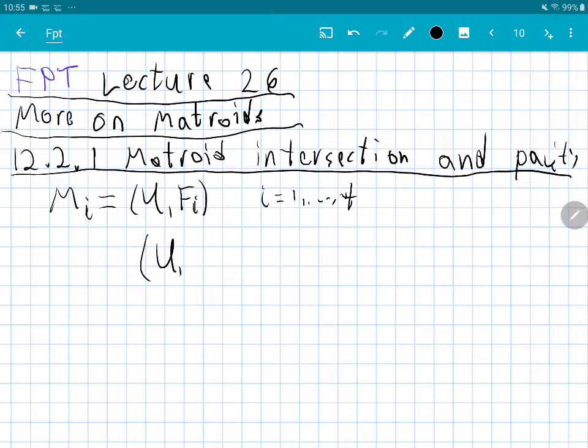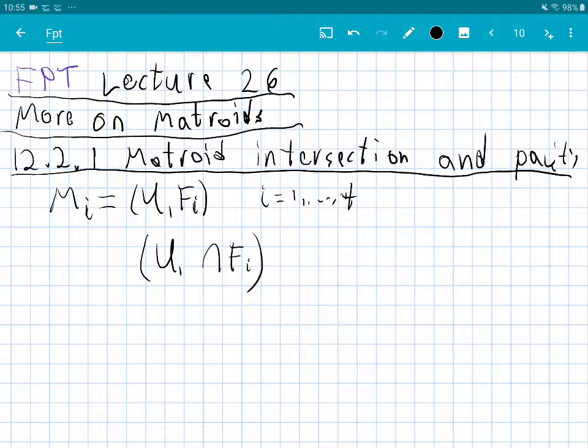Think about it as a set system where we take the intersection of the F_i's. We are looking at the sets, and we take the intersection, and we can ask natural questions about the set system, like computing a large set in this set system, and so on.